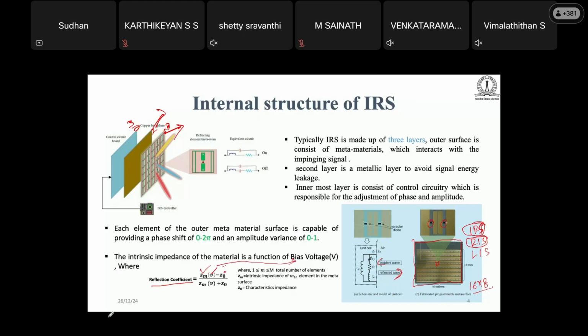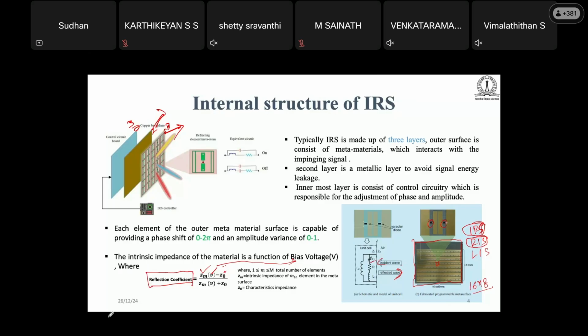So the intrinsic impedance minus the characteristic impedance, divided by the intrinsic impedance plus the characteristic impedance. That creates the reflection coefficient. So if we have a voltage V, there is a circuit; you can see that this is the total circuit, showing how we generate an incident signal and a reflected signal.